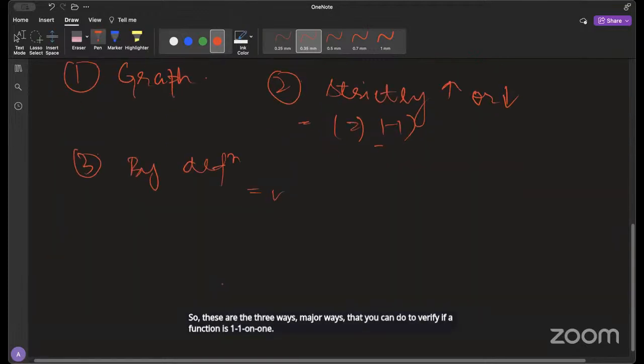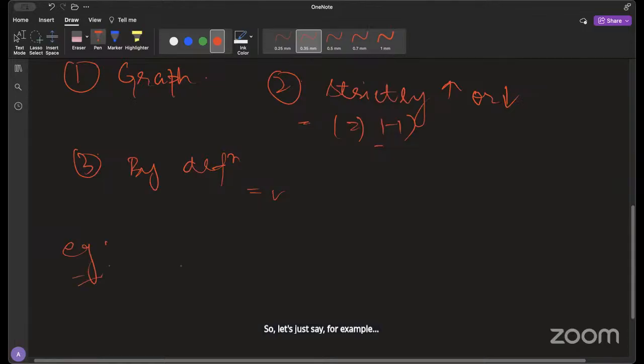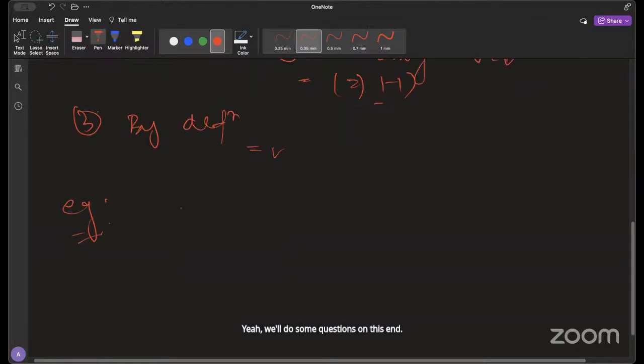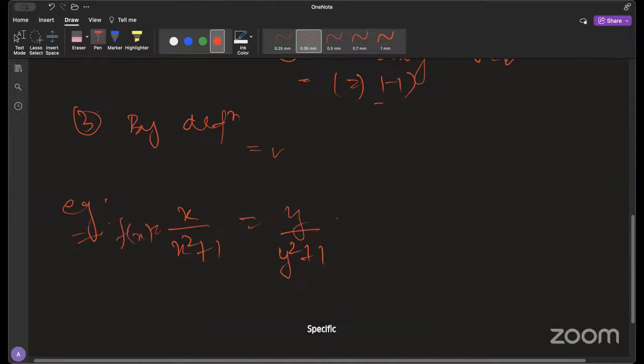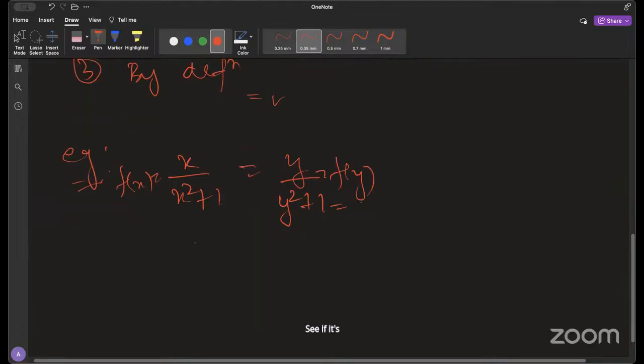Let's do some questions on this. Let's say you have x squared plus 1. You can use the very definition. Let's say your function takes the same value at x and y. This is f(x), and this is f(y). See if x and y turn out to be the same or not.